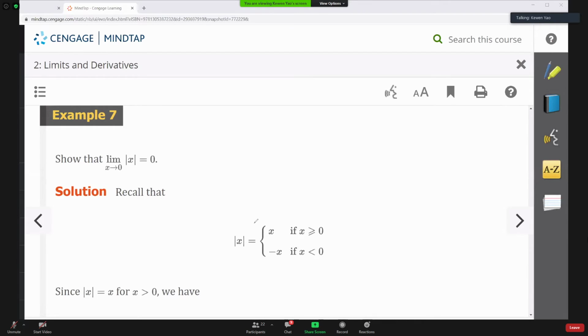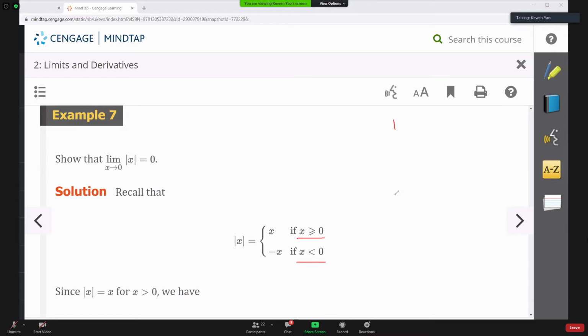You got to know that absolute value x is a piecewise defined function, right? If x is non-negative, this is x. If x is negative, it becomes negative x. So remember, absolute value x can be written in two pieces, one for the positive piece, the other for the negative piece.